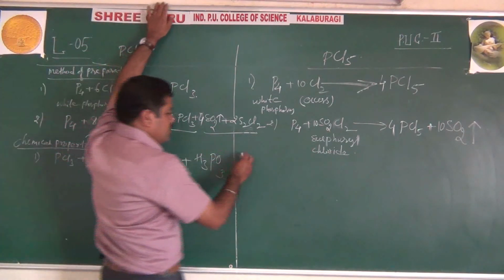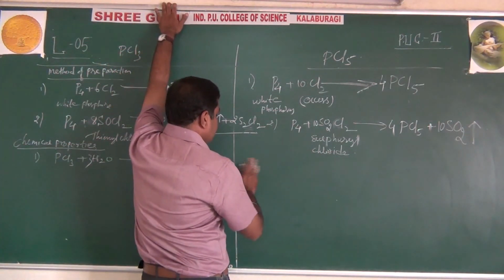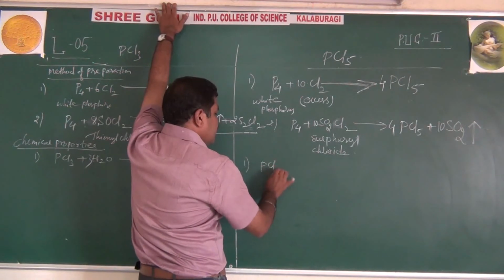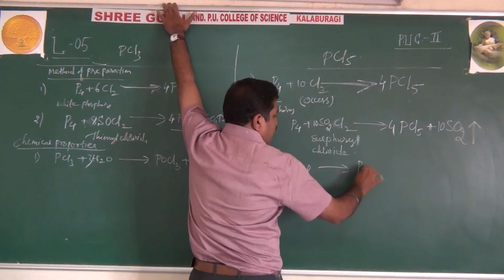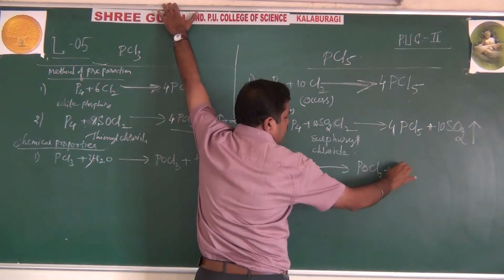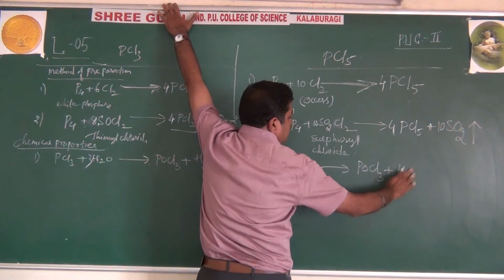But PCl5 first undergoes hydrolysis in a limited amount of water to form phosphorus oxy trichloride and HCl.